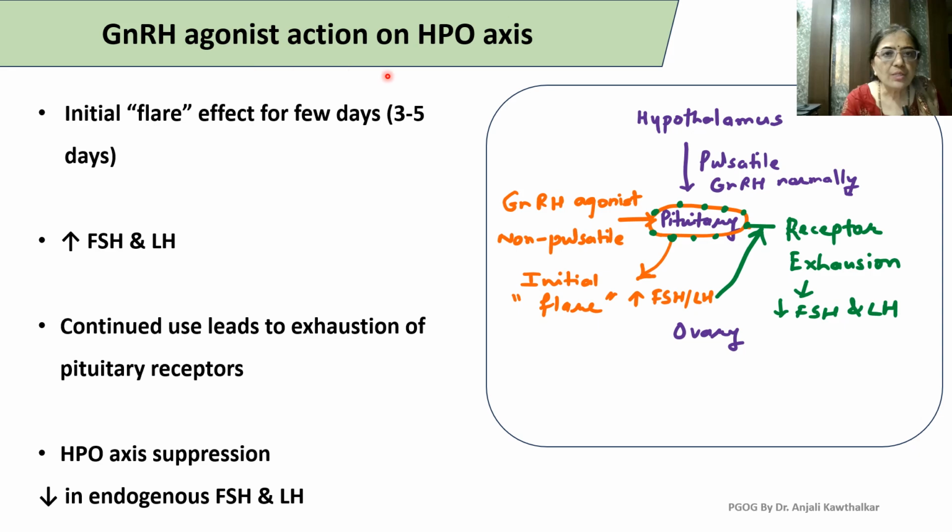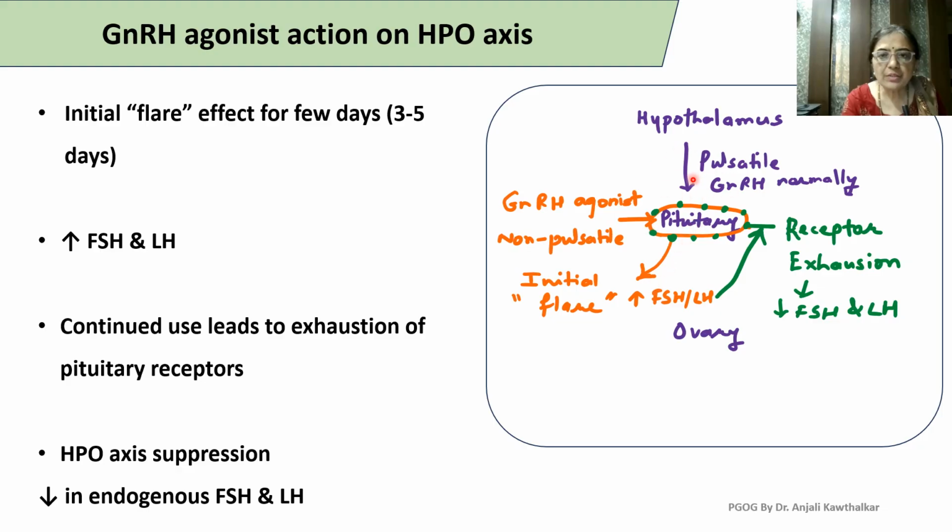Now, GnRH agonist action on the HPO axis is, as we have already seen in the previous slide, an initial flare effect for a few days, 3 to 5 days. What is happening here is the hypothalamus normally releases GnRH in a pulsatile fashion, and that leads to the release of FSH and LH by the pituitary.